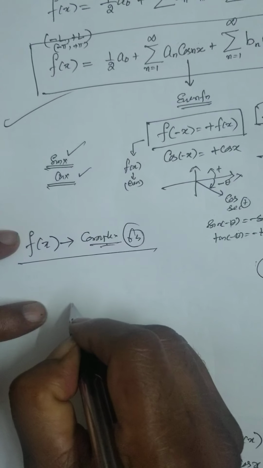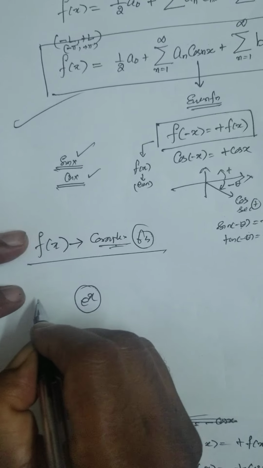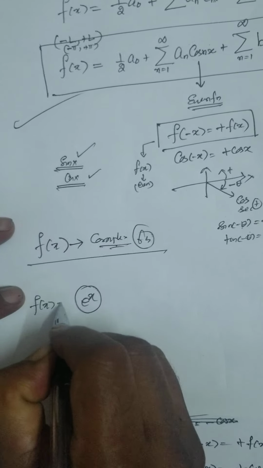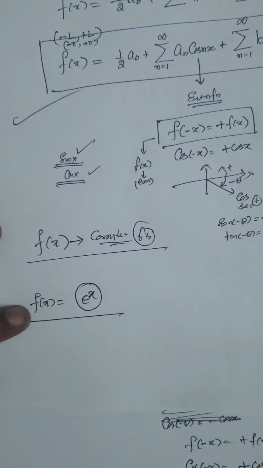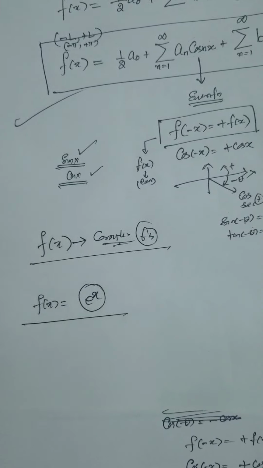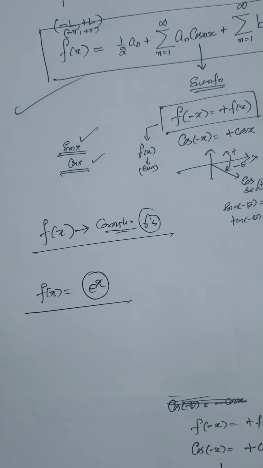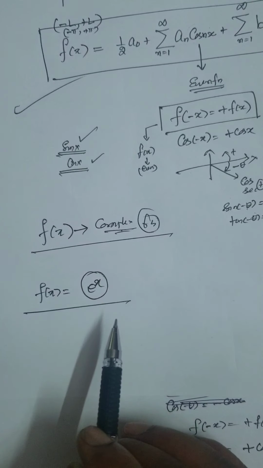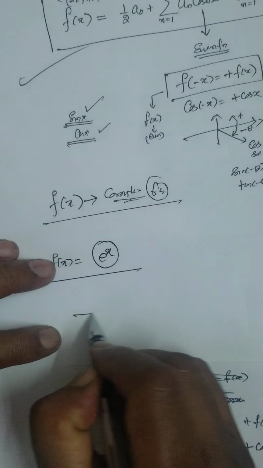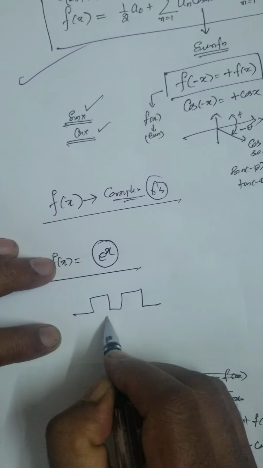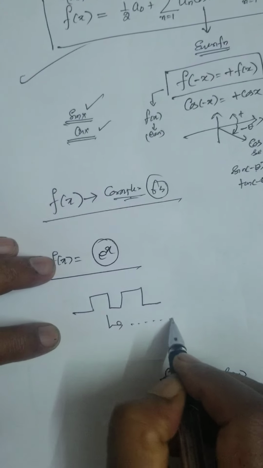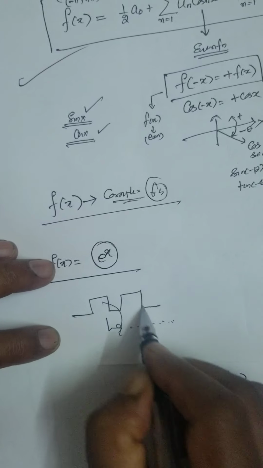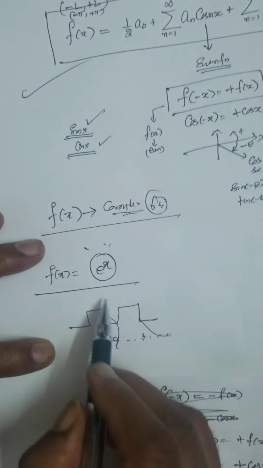Look, first you have to solve the problem f(x) is equal to e to the power of x. How is this a periodic function? Is it a function? Some function of x. Any function you can express in the form of a periodic function. See, suppose this is a square wave. This can be expressed in terms of periodic functions, a sum of sine and cos. Now e to the x is some arbitrary function I have taken.